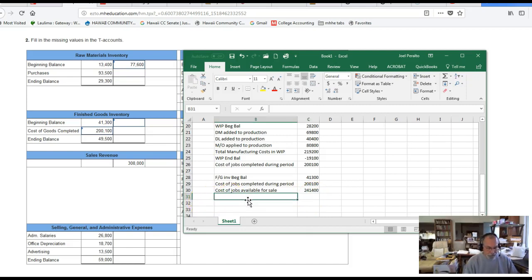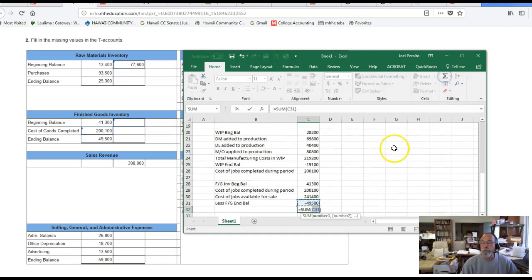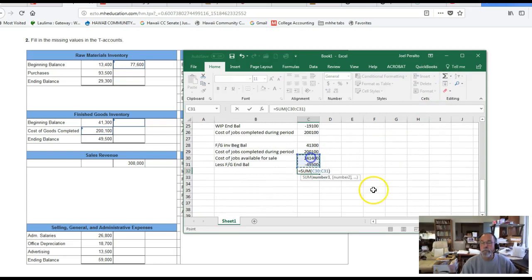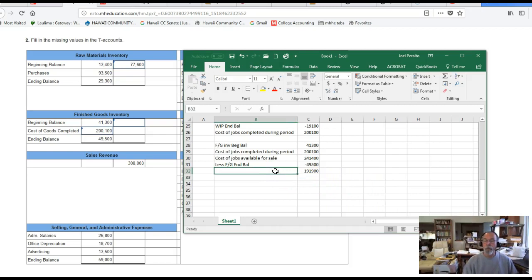And so if we subtract that amount, $49.5, and take that total, we can see that the 191.9 represents the cost of jobs sold during the period. 191.9.